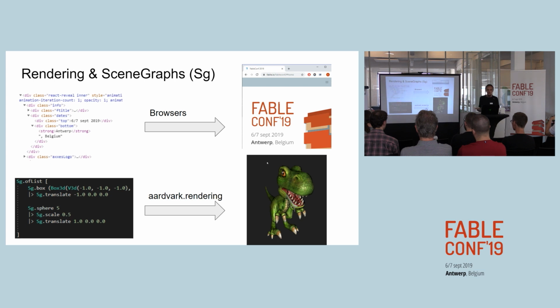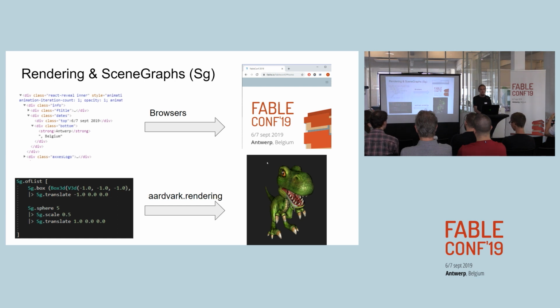This is mostly done in the classic web with JavaScript or Elm. And on the bottom, you see what we'd like to do. We also have a scene description. We call it a scene graph. It's a very common concept in computer graphics. And then we have our rendering engine, which turns this scene graph into images. Obviously, this image is not this scene graph, but you get the idea.